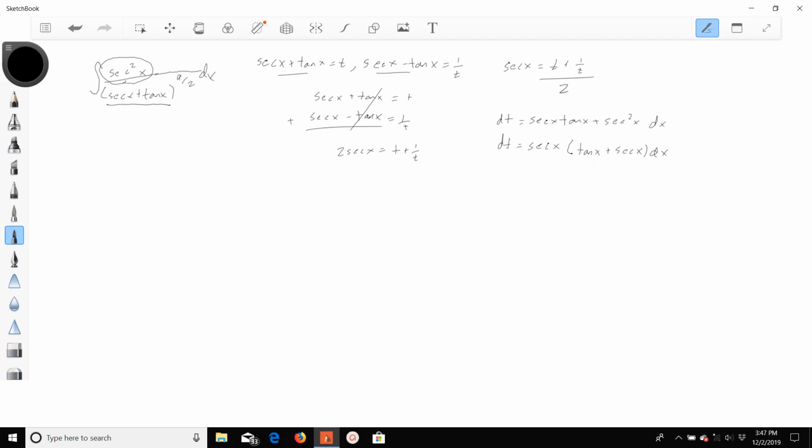But this is just t. So in other words, dt is t secant x dx. Yeah, that's going to work out nicely. And so finally, dx is dt upon t secant x.